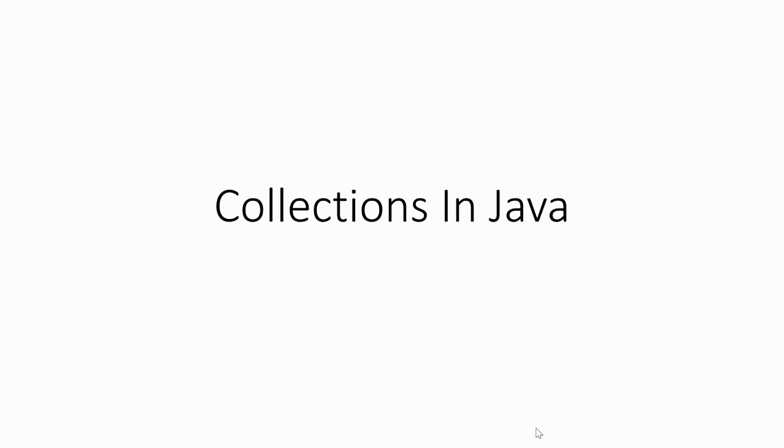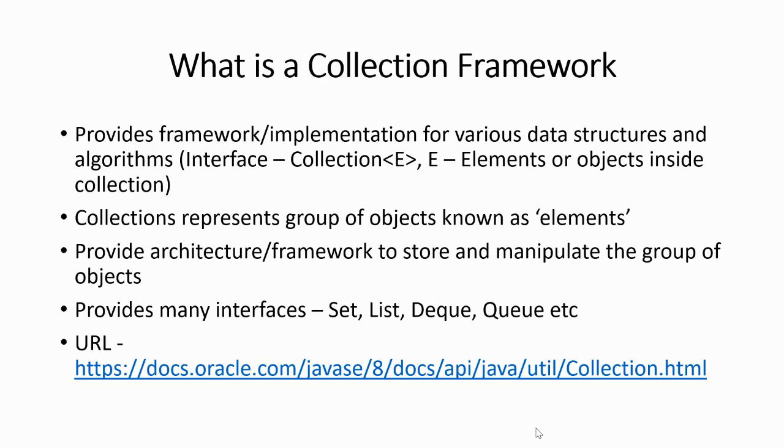Also, the collection interface provides the means to store and manipulate a group of objects. We will see those methods in the next few slides. So let's go to the next slide, which talks about what exactly a collection framework is. A collection framework provides a framework and implementation for various data structures and algorithms.